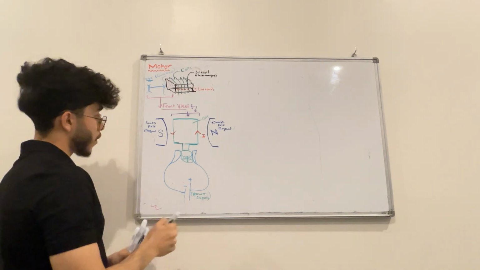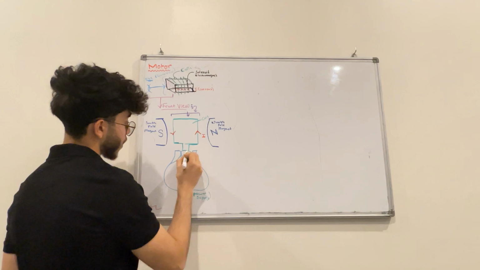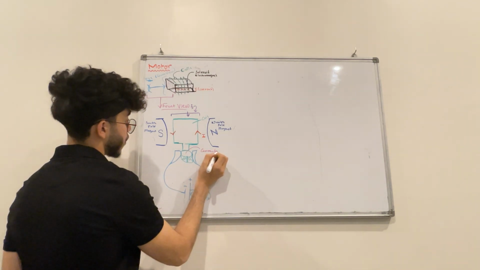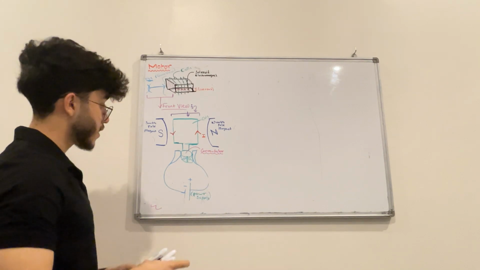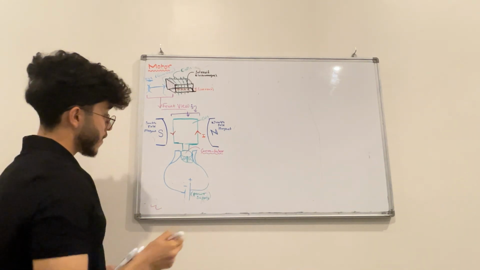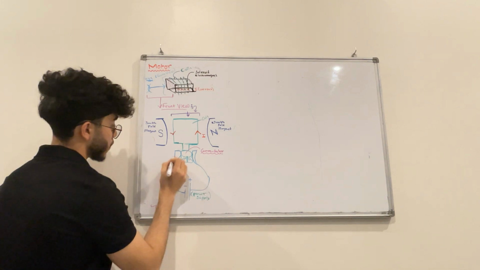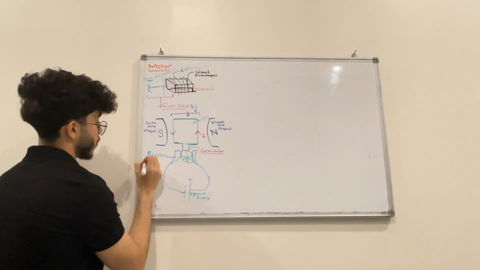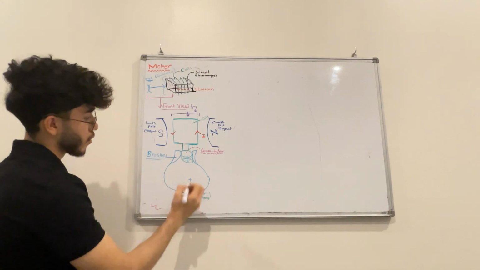And we said this part, by the way, is the commutator. These blue parts that we have labeled before, these are the brushes, and this is the power supply.